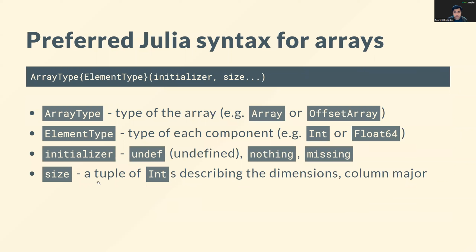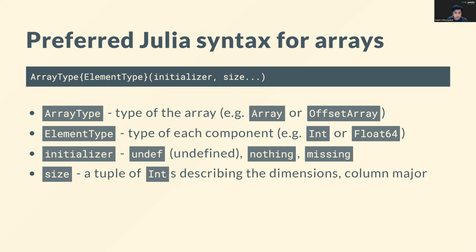So let's talk about this preferred Julia syntax and why we prefer it. In particular, this allows us to specify the array type. And that could be an Array or an OffsetArray or other kinds of arrays that may exist in Base Julia. And this is something that we couldn't do using the functional syntax such as zeros.